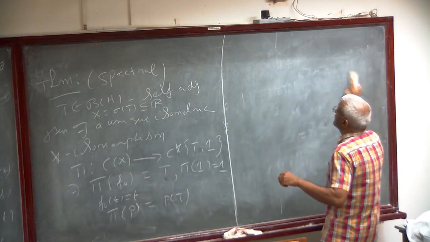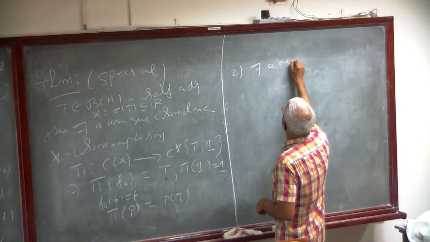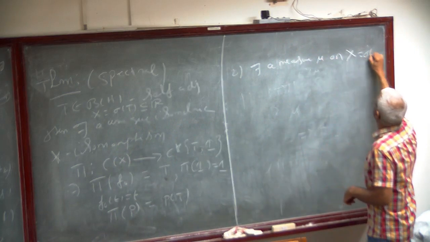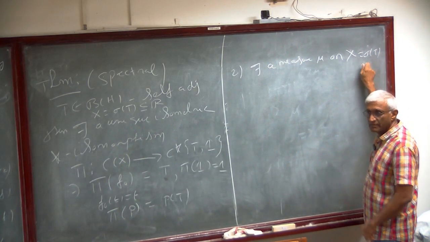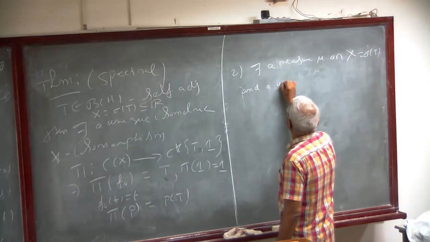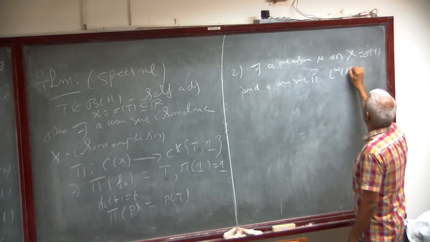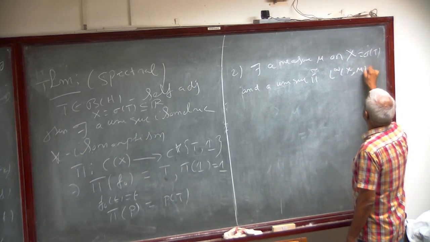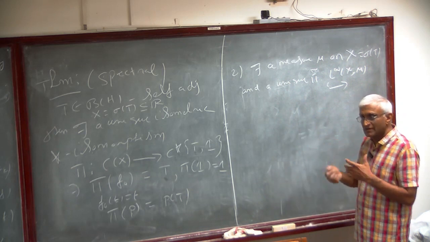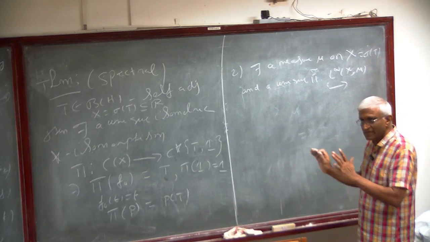Now from that theorem, we have the second part. There exists a measure mu on this X, where X is equal to sigma of T. You have a measure on the spectrum, mu on this, such that there is a unique pi tilde from L infinity of X, mu into... actually, the range will be what is called the von Neumann algebra generated by T. We will see that later.